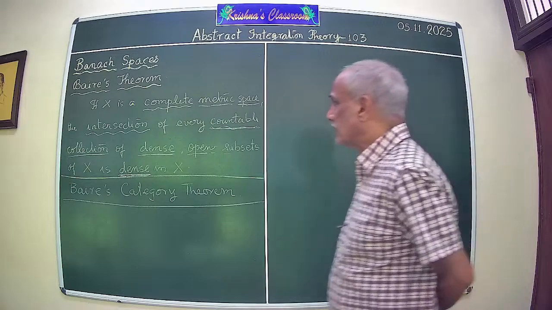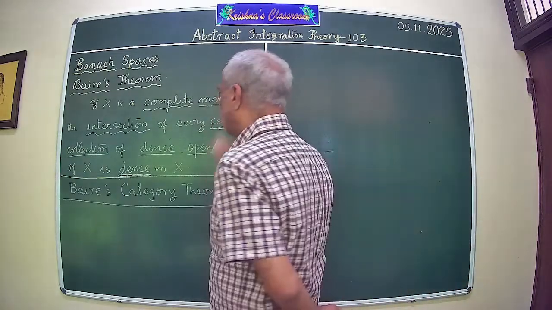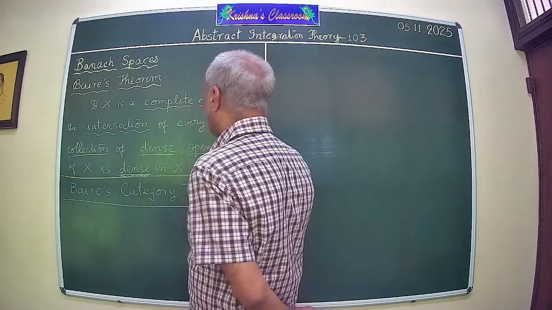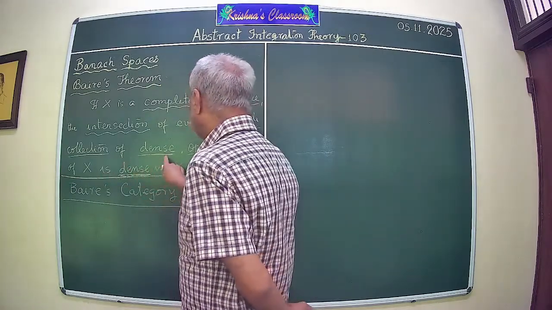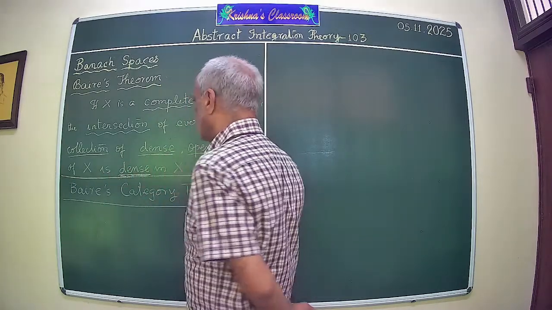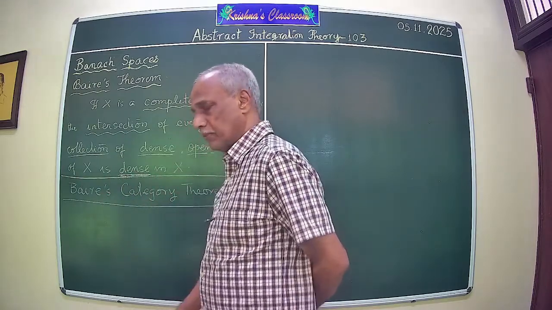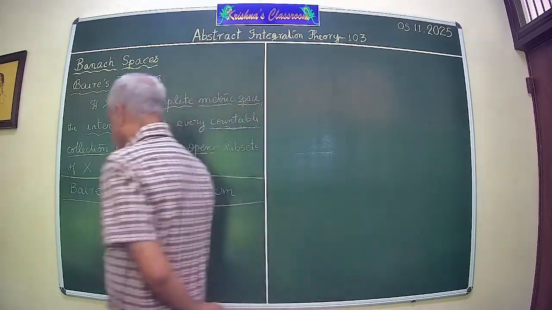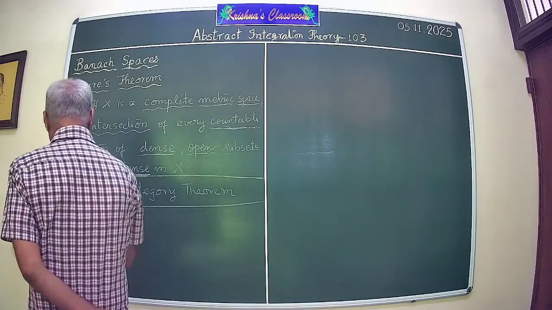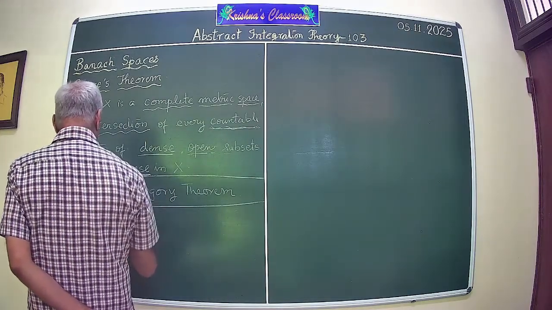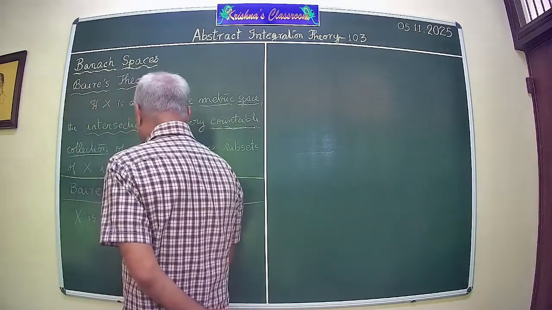If X is a complete metric space, the intersection of every countable collection of dense open subsets of X is dense in X. Now this is the statement. What does it mean? X is a complete metric space.